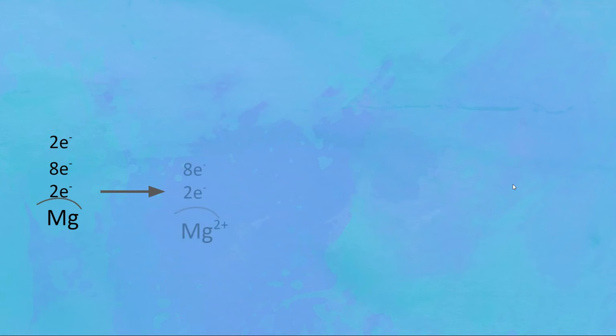Hoping you're saying it's easier to lose 2. So in order for magnesium to be an ion, it has to lose 2 electrons. In doing so, it becomes positive, and it becomes positive by 2, because now we have an imbalance of protons to electrons. I now have 12 protons, 12 positives, to 10 negatives. So I have 2 positive extras. So I changed my Mg to my symbol with my charge, and I'm showing here my energy level diagram.